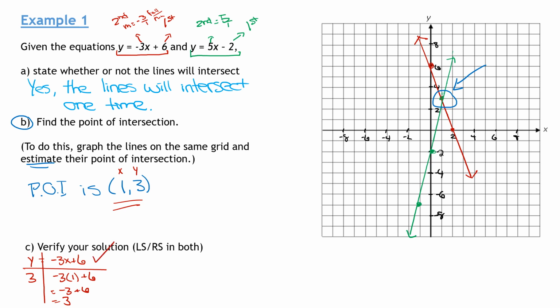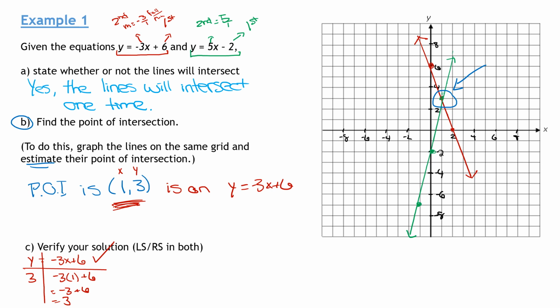Okay, that's all I've proven. I've just proven that the coordinate 1, 3 is on my first line, y equals negative 3x plus 6. Now, if I can prove it's on both lines, then it has to be the point of intersection. So think of the logic there. There's no way that this point could be on both lines and not be the point of intersection.